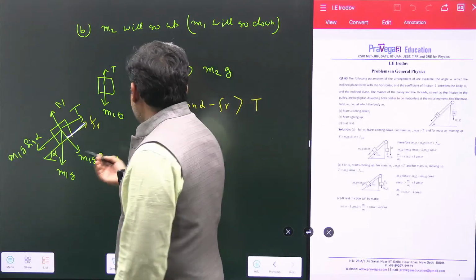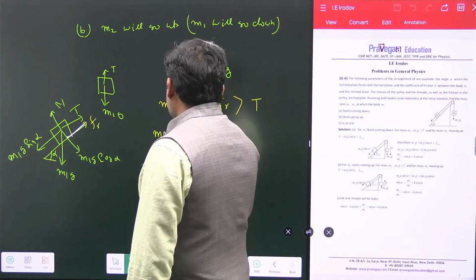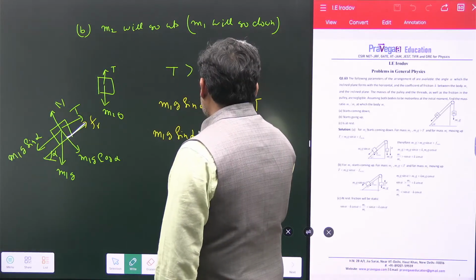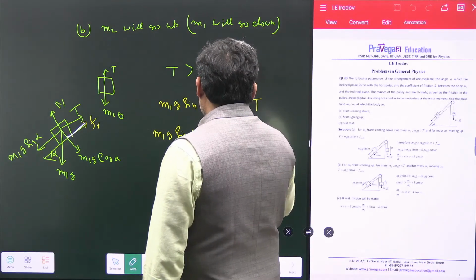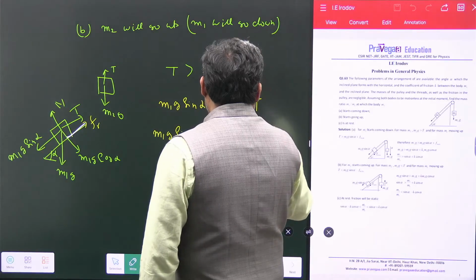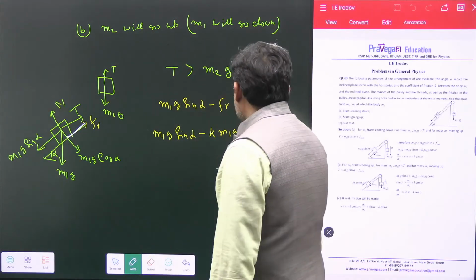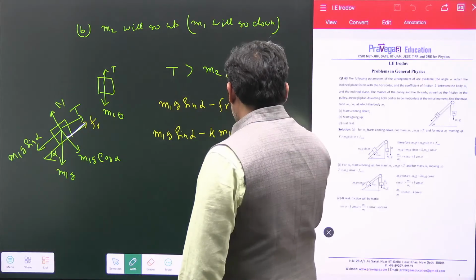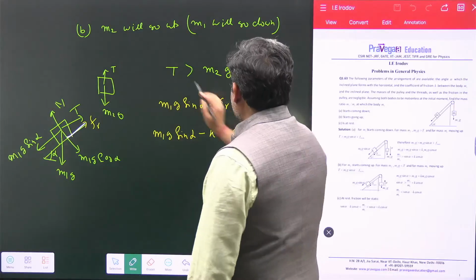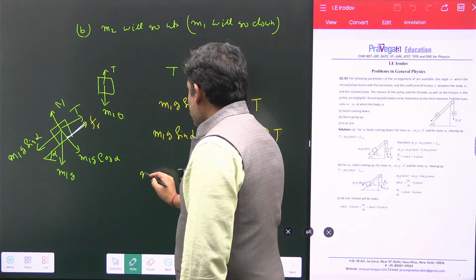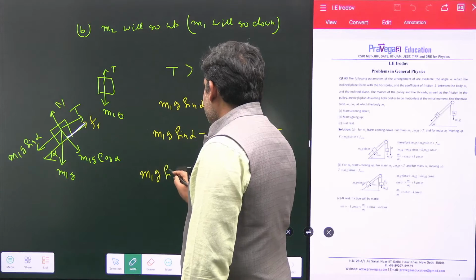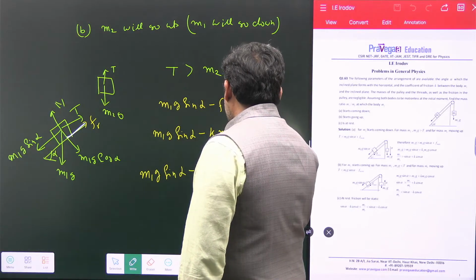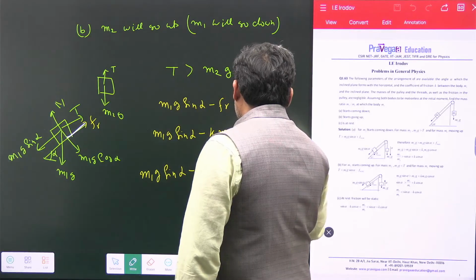And again I can write M1G sin alpha minus frictional force, that is K M1G cos alpha, must be greater than tension. And tension is greater than M2G. So you have M1G sin alpha minus K M1G cos alpha must be greater than M2G.